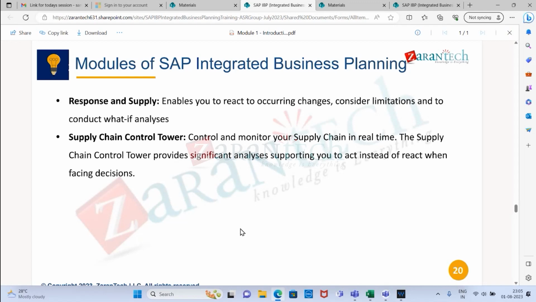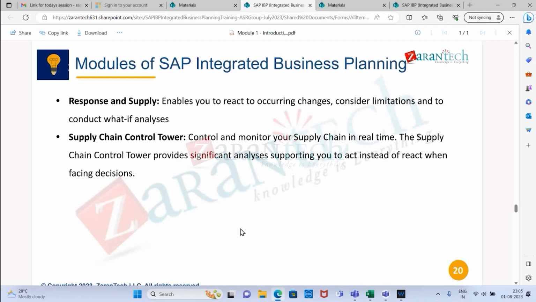So at any point in time, if the demand is higher than the supply, IBP checks the installed capacity of the manufacturing sites, and then it gives you the information whether the installed capacity is enough to cater to the demand or it is falling short of some resources.